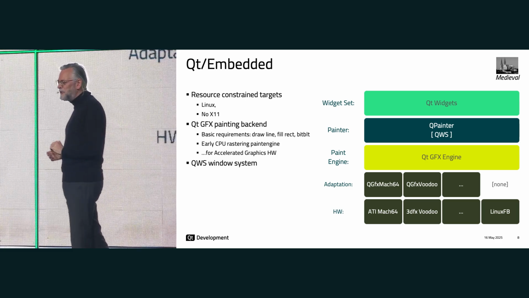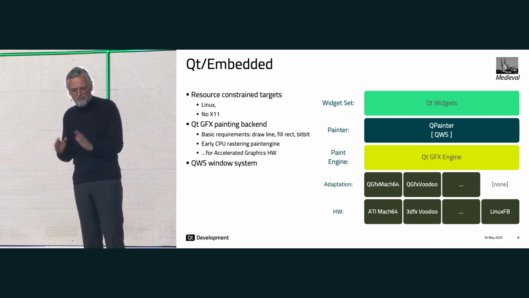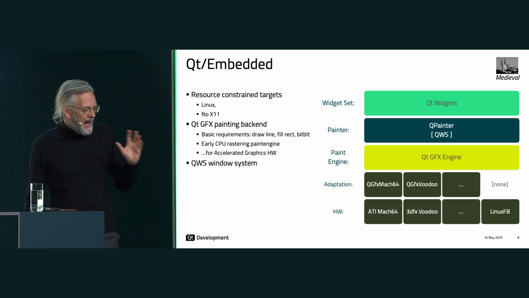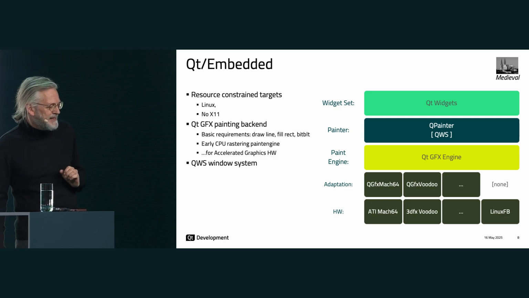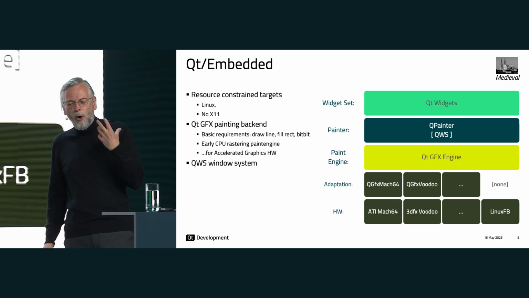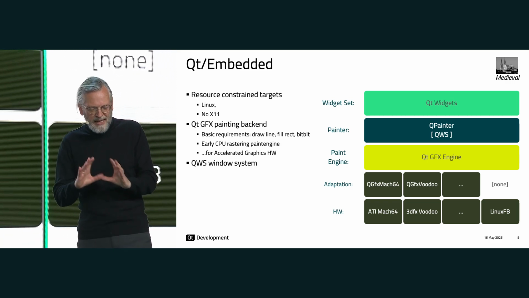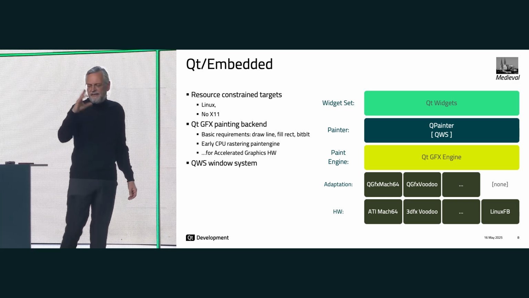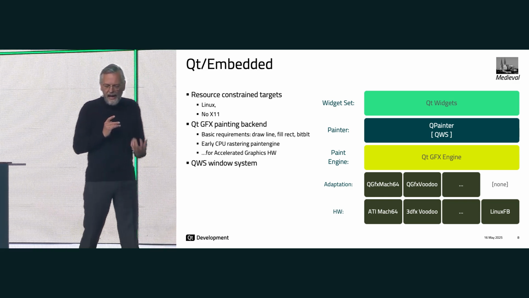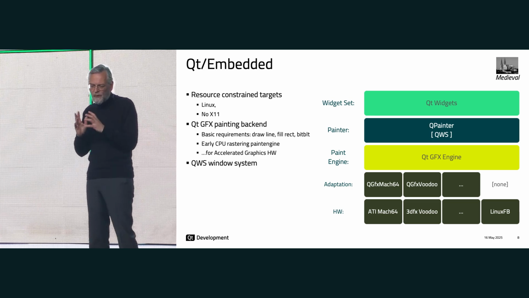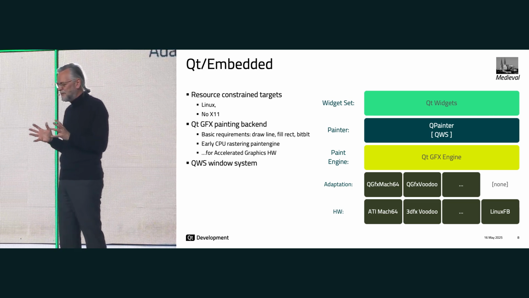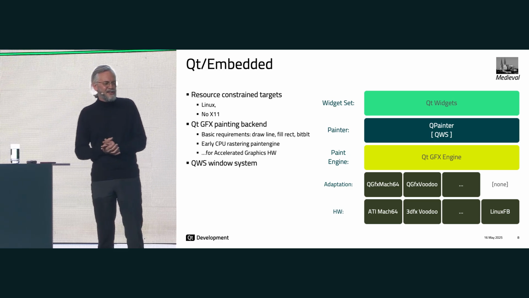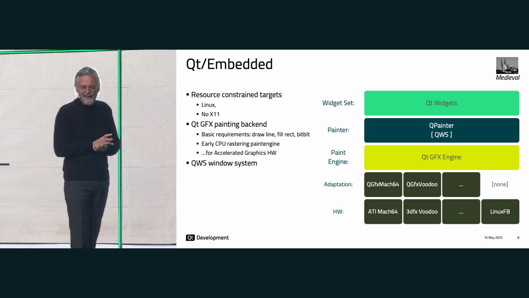So we built QWS, the Qt window system, a basic windowing system that provided the basic functionality that was needed, and the Qt GFX paint engine, which broke all the painting into basic little operations like draw line, fill rect, bit-blit this image data. Those basic operations were chosen so they were suitable to be hardware optimized by the 2D accelerated graphics cards of the era.